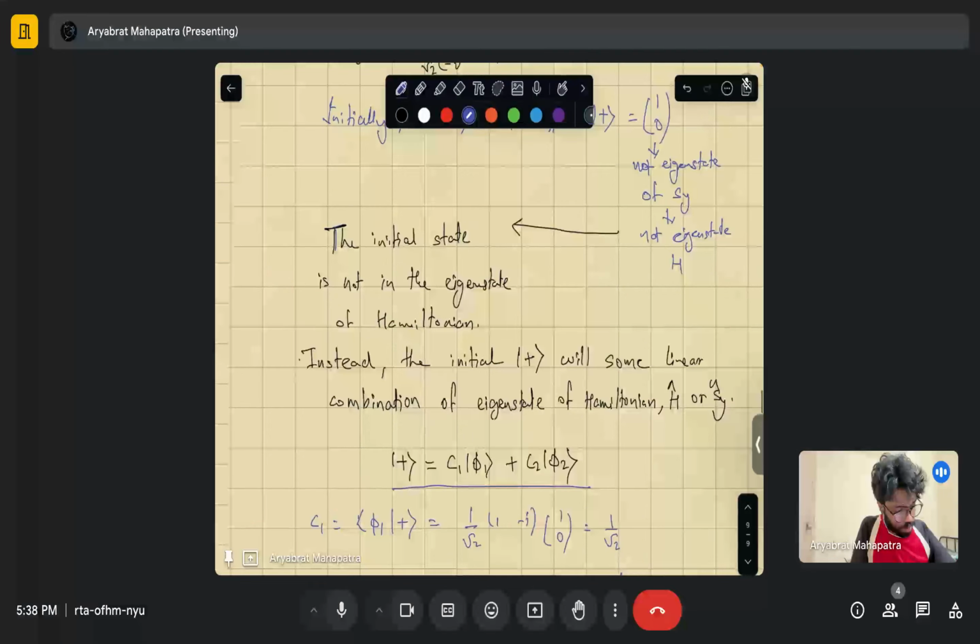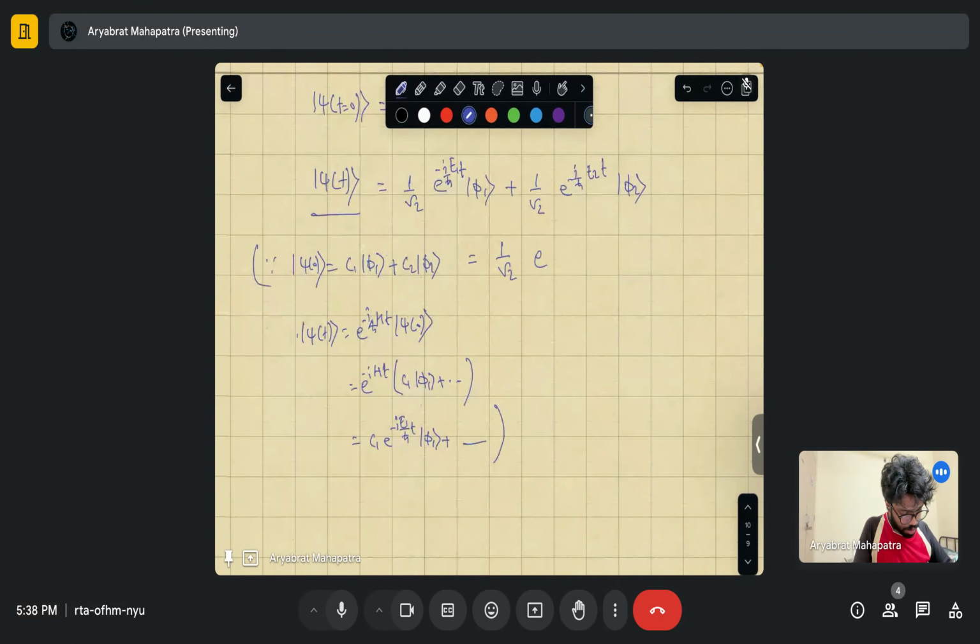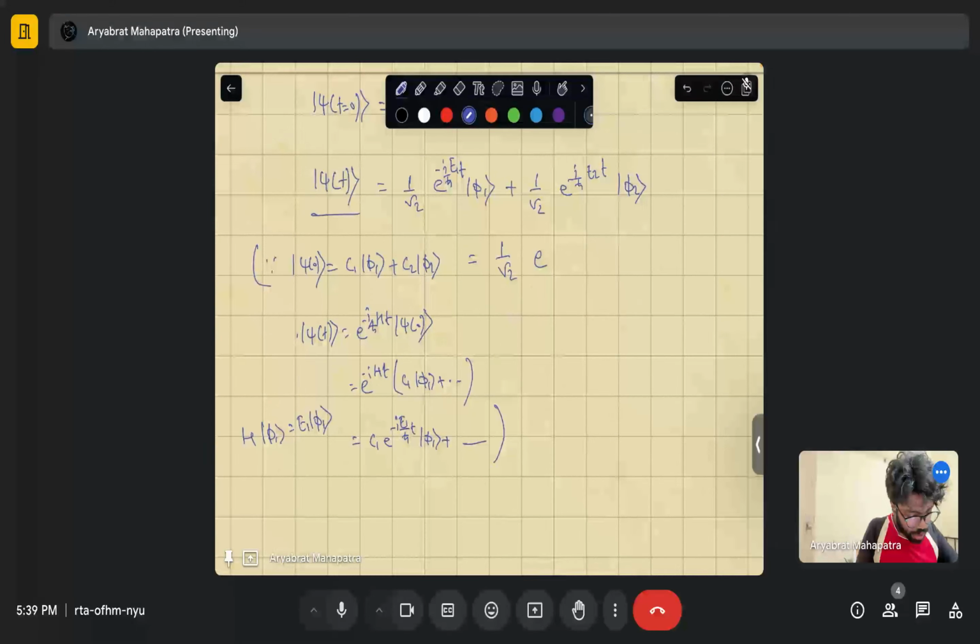What I was telling here is this E1 is your eigenvalue. If H is acting on phi 1, then E1 will be your eigenvalue corresponding to phi 1. So that is how H on phi 1 gives this E1.